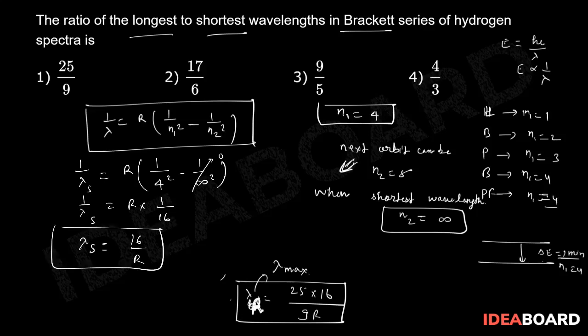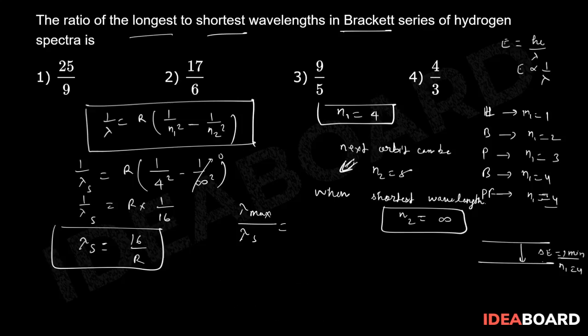Now our task is to find the ratio. So the ratio of lambda longest, that means lambda max, divided by lambda s, can be written as 25 into 16 by 9R divided by 16 upon R. So R and R cancel out, 16 and 16 cancel out.